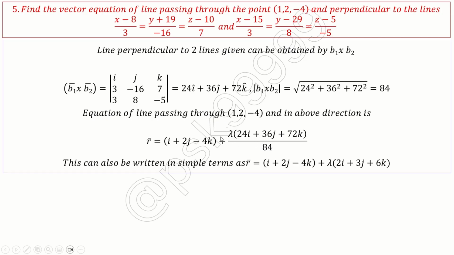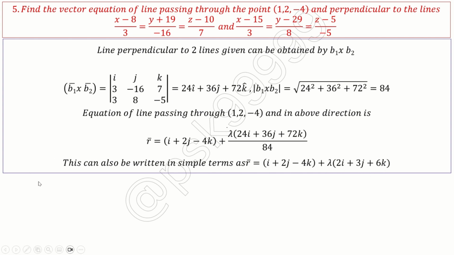I can take 84 inside lambda and still call it a constant, and take 24 out, since 12 times 2, 12 times 3, and 12 times 6 are common. So I can write in a simple form r equal to i plus 2j minus 4k plus lambda times (2i plus 3j plus 6k).